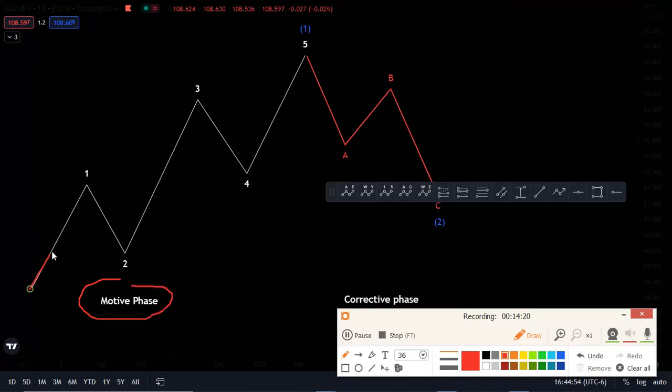We all know what we're talking about. This phase here in red, and the corrective phase, which is made up of a 3-wave structure, which I'll label here.